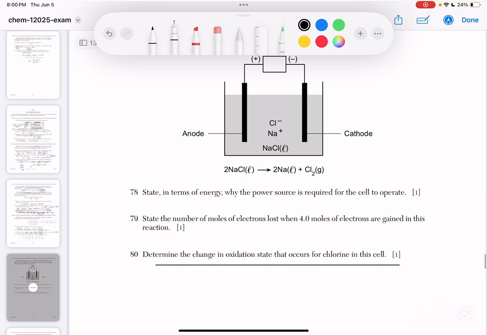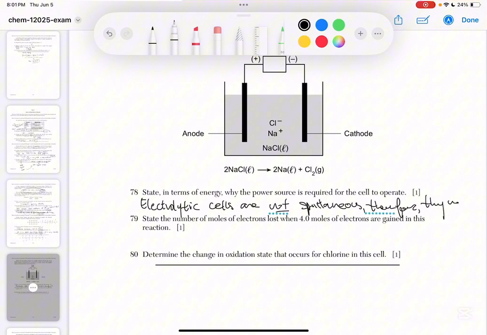Okay, so oh my gosh, I'm really having trouble with spelling today. Electrolytic cells are not spontaneous. Therefore, they need an energy source.